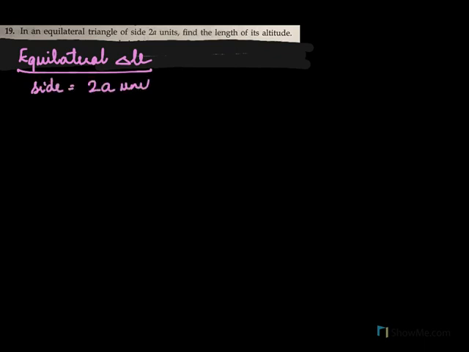In an equilateral triangle of side 2a units, find the length of its altitude. So here we have an equilateral triangle. The side of that triangle is 2a units. And we know the formula for area of an equilateral triangle.